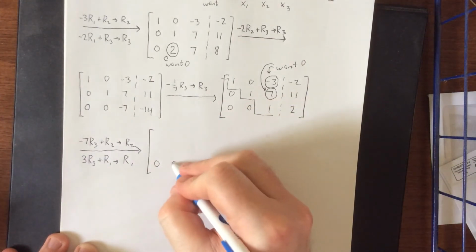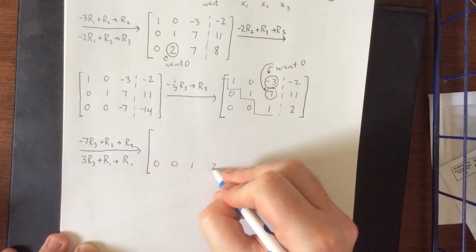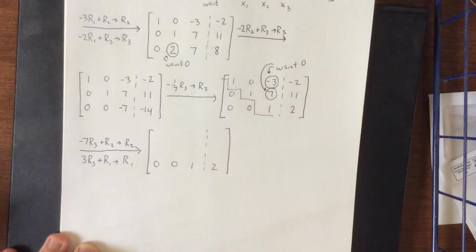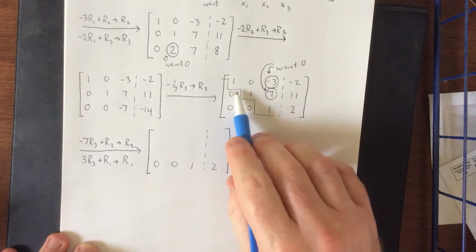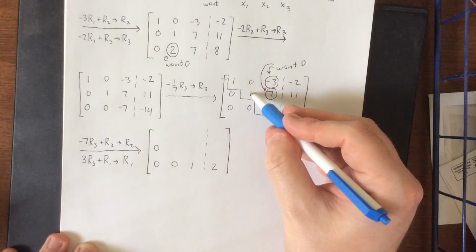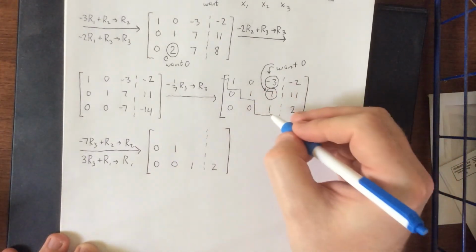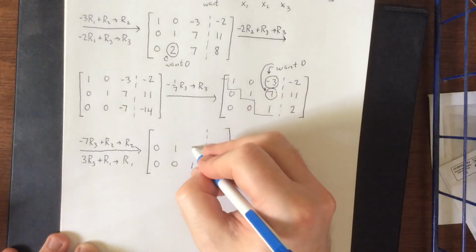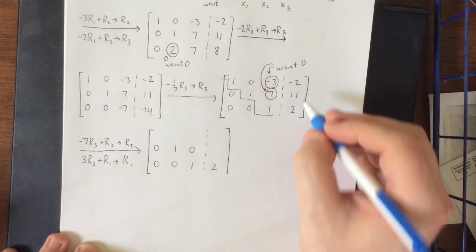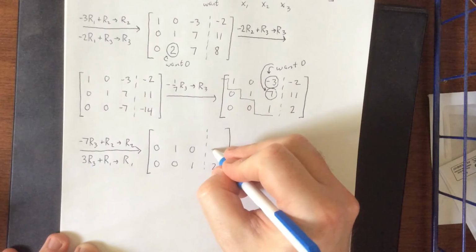So overall, the third row is staying the same. That already tells us what that variable is equal to. Then we'll take negative 7 times 0, add to 0. Negative 7 times 0, add to 1. Negative 7 times 1, add to 7. And negative 7 times 2, add to 11. It's negative 14 plus 11, that'll be negative 3.